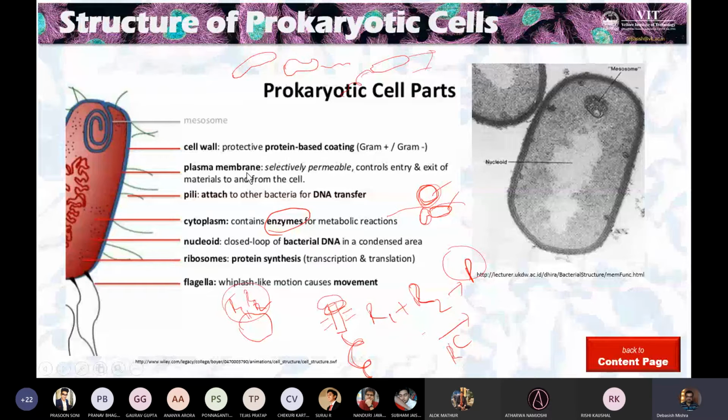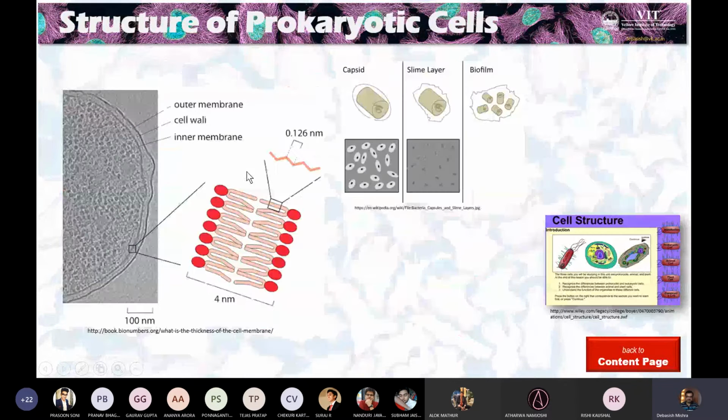So fine, this is what prokaryotic cells look like. But how about the membrane? This is the main target. We take antibiotics to kill bacteria, right?